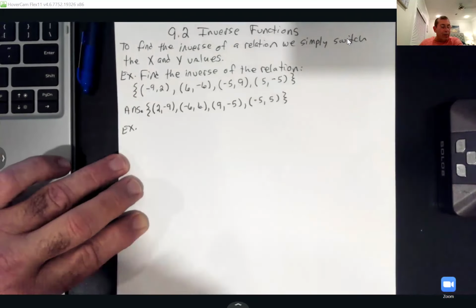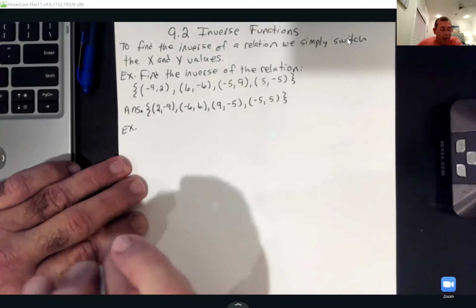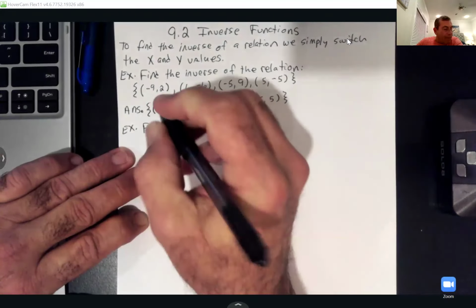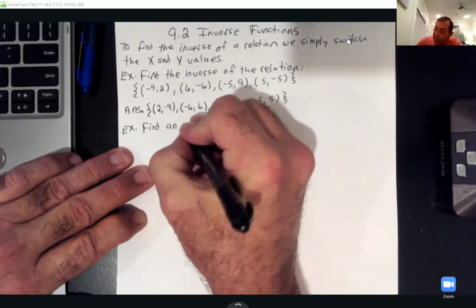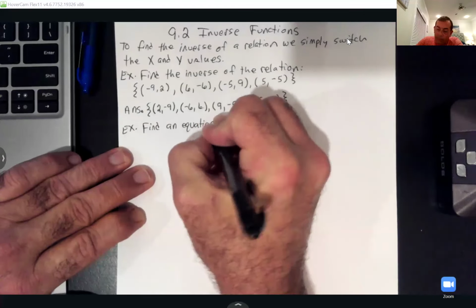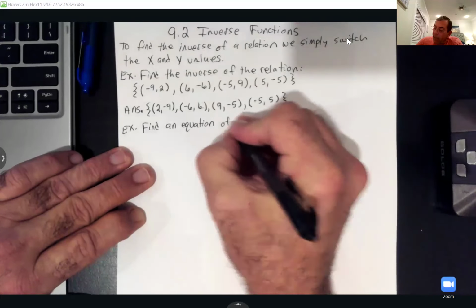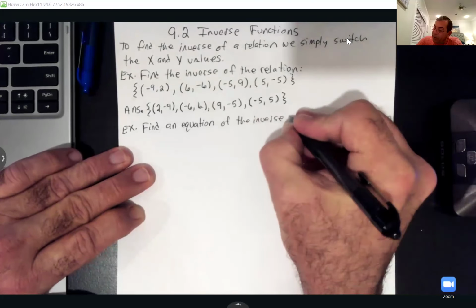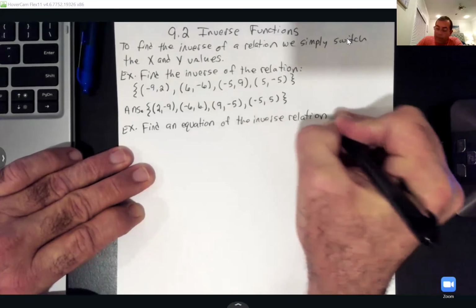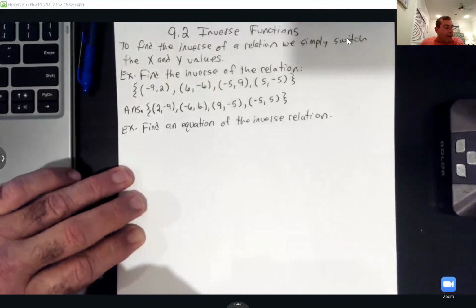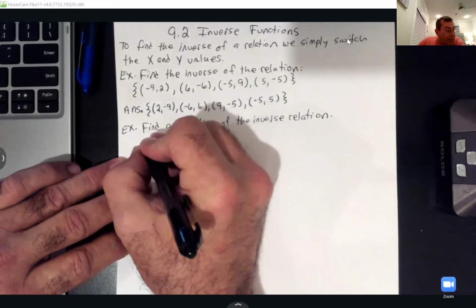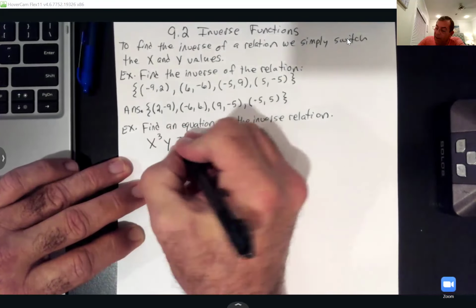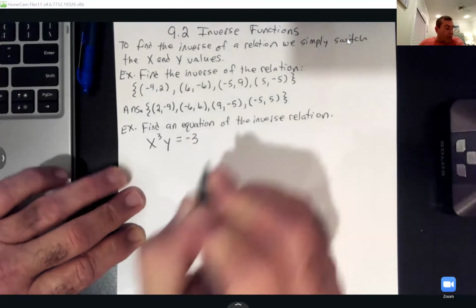Now the next one, doing the same thing pretty much, but now they're giving us an equation. And this one says, find an equation of the inverse relation. All righty, y'all. So the equation they're giving us is x to the third y equals -3.